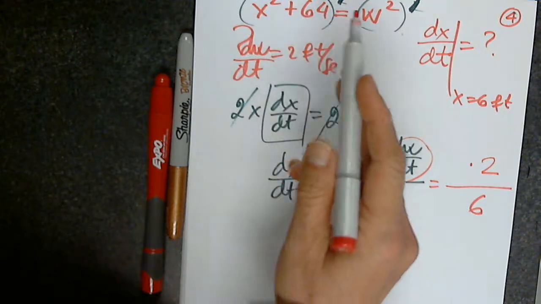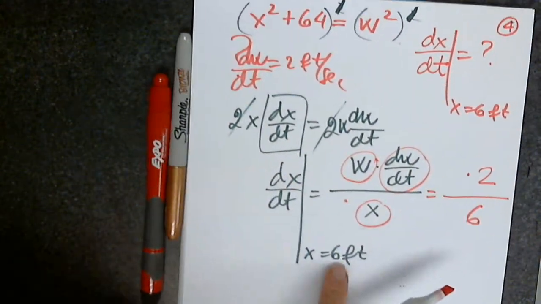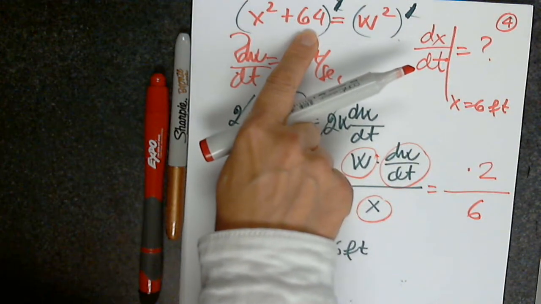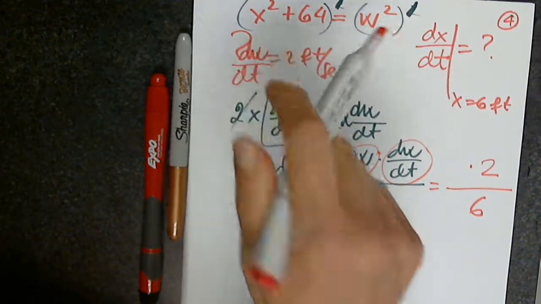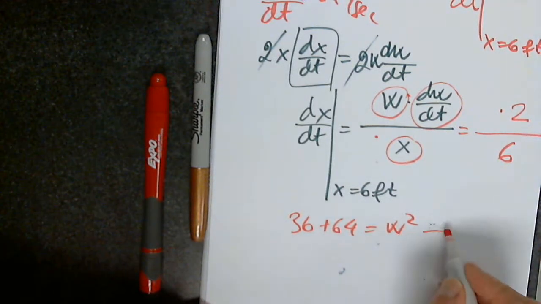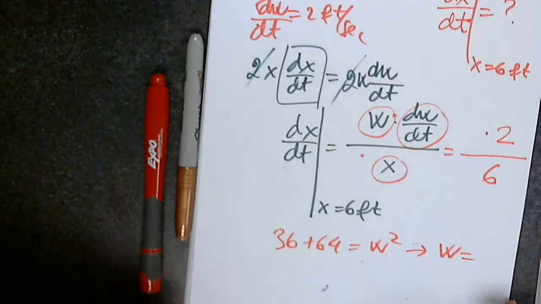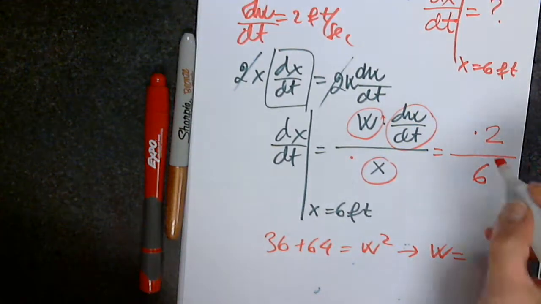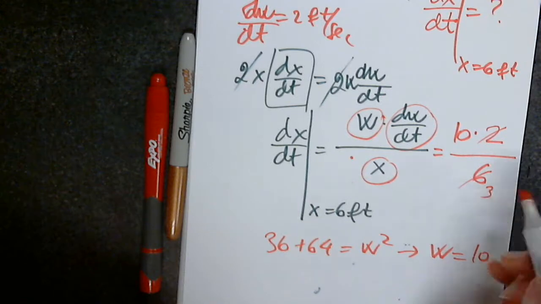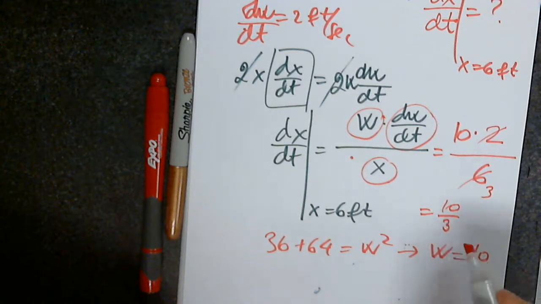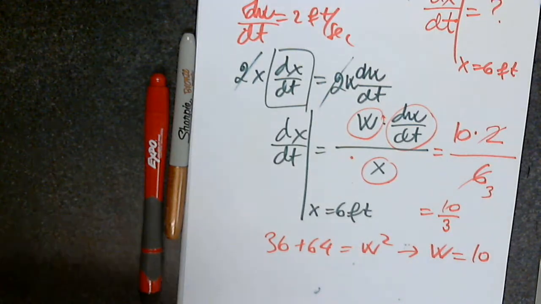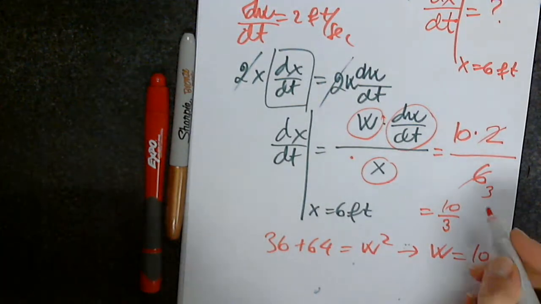I go back here and solve, because x is 6 feet, so 36 plus 64 will be w squared. From here, I know that w must be 10. So I simplify. So this is 10 divided by 3 measurement units. Excellent.